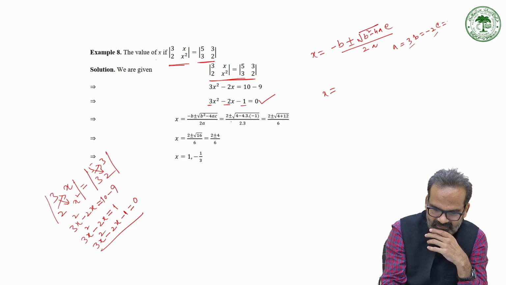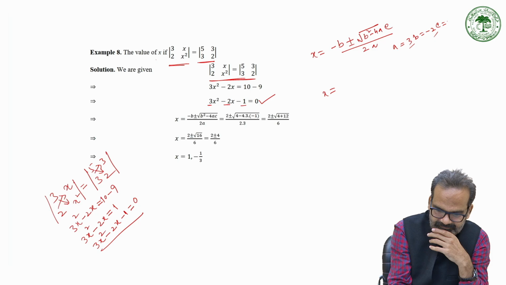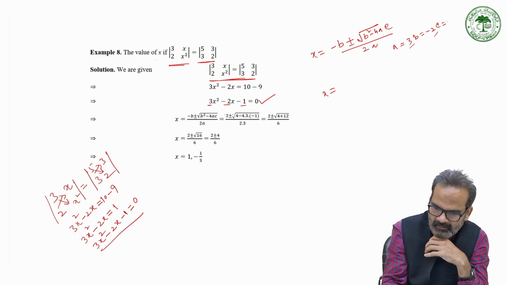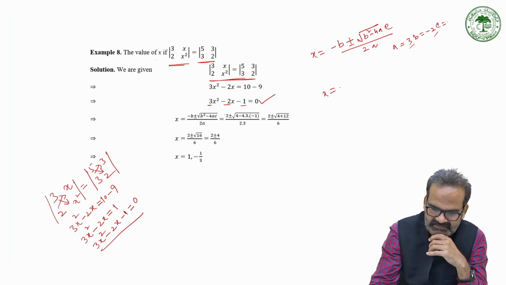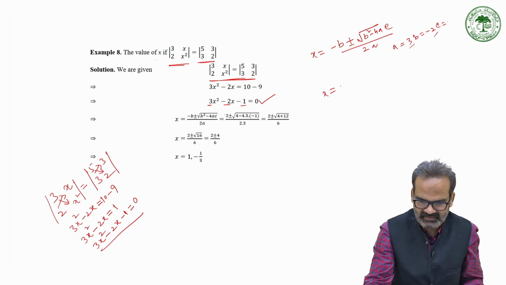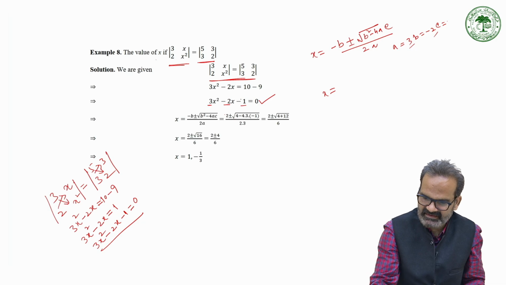Sorry, this is not correct, a is 3. This is 3x square minus 2x minus 1. B is minus 2.